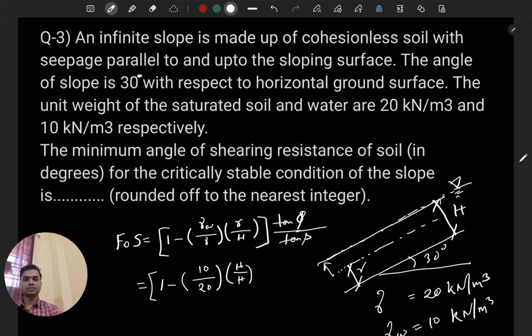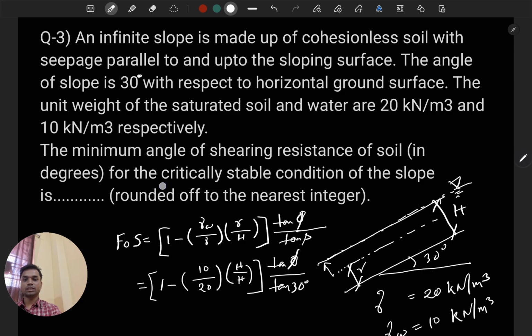And the angle of slope is 30 degrees, and we have to find out the shearing angle phi.